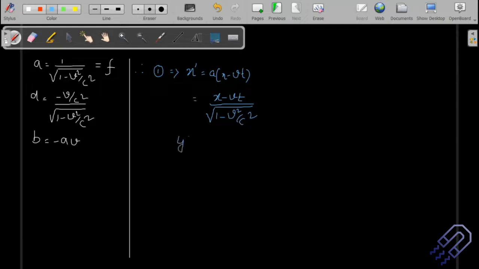Y prime is equal to y, nothing changes. Z prime is equal to z, nothing changes here either. We are just looking for one more relation, which is t prime.